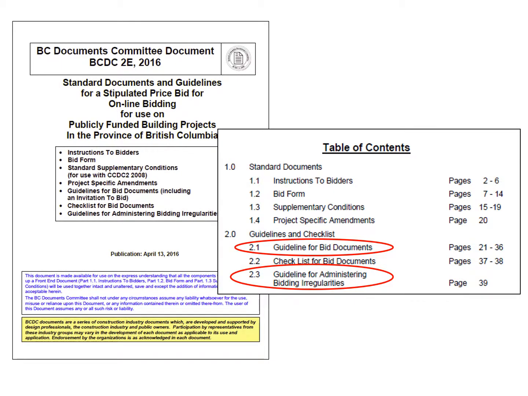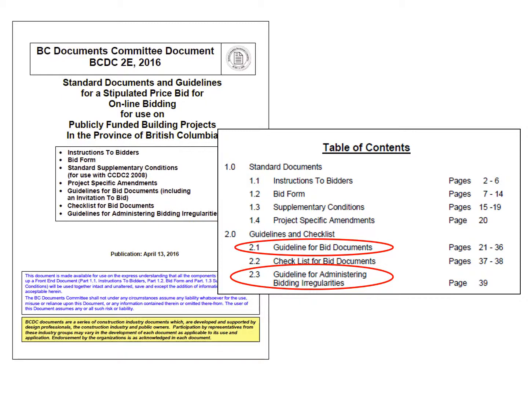The guideline is for the BCDC2 documents and their use, but as well, it has some other resource information a user may find valuable in 2.1 of the guideline. There is a guideline for the creation of an invitation to bid. There are guidelines for Division 1 specifications for items which sometimes creep into supplementary conditions.